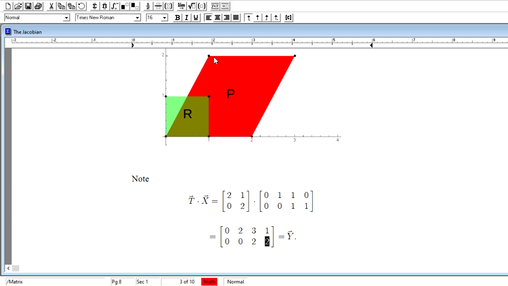Where this boundary will map to this boundary bounding the top of the parallelogram for P. And this side boundary here falling along the y-axis for R will map to this oblique edge of this parallelogram for P, right? And not only will all these edges map out to each other as we might suspect, but every single point, infinite point making up R, will map to some infinite point, one of the infinite number of points making up the value of P, right?